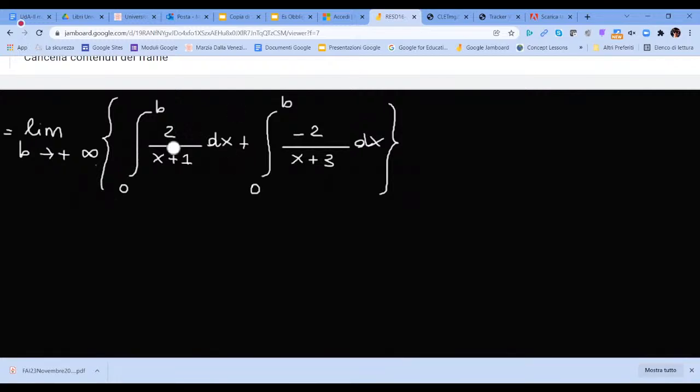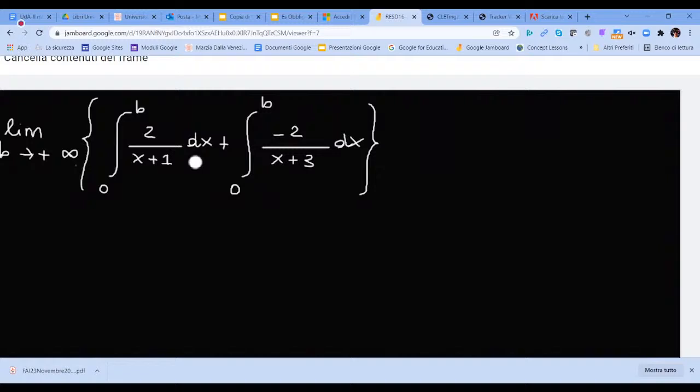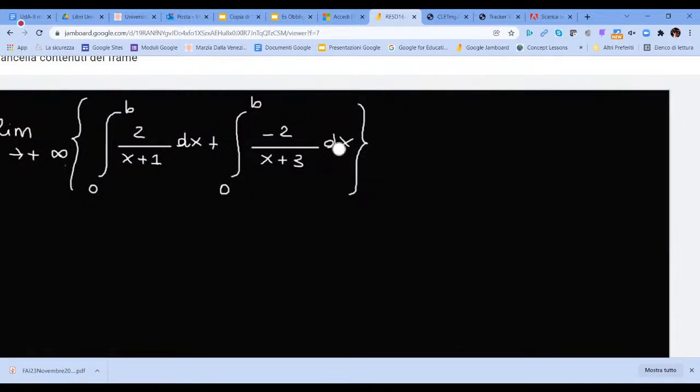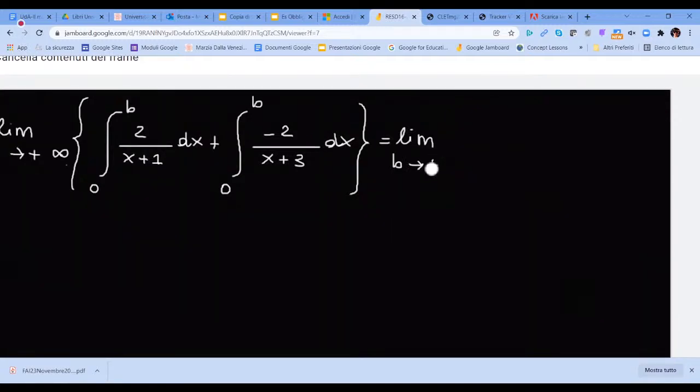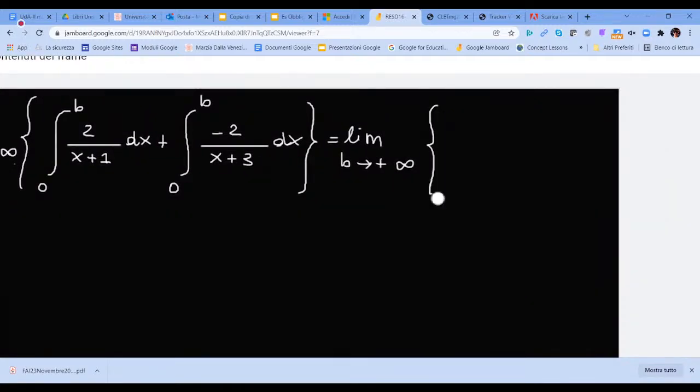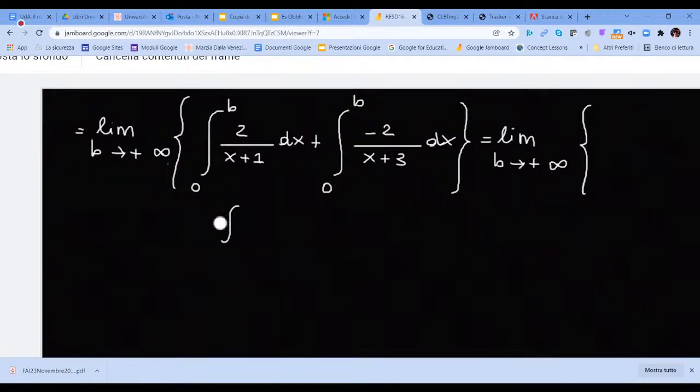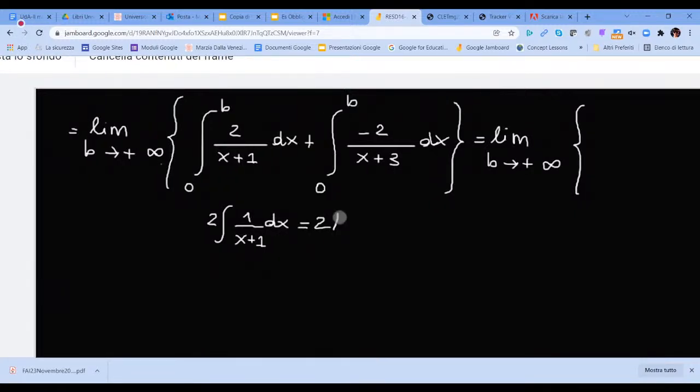Okay, what are these two integrals? If I don't consider the numerator, but only 1 over x plus 1 in the first integral and 1 over x plus 3 in the second one, I can use the rule for the logarithm of x or logarithm of some expression, because as you remember, you can factorize out 2, and you can write 1 over x plus 1, and this is exactly the logarithm of the absolute value of the denominator.